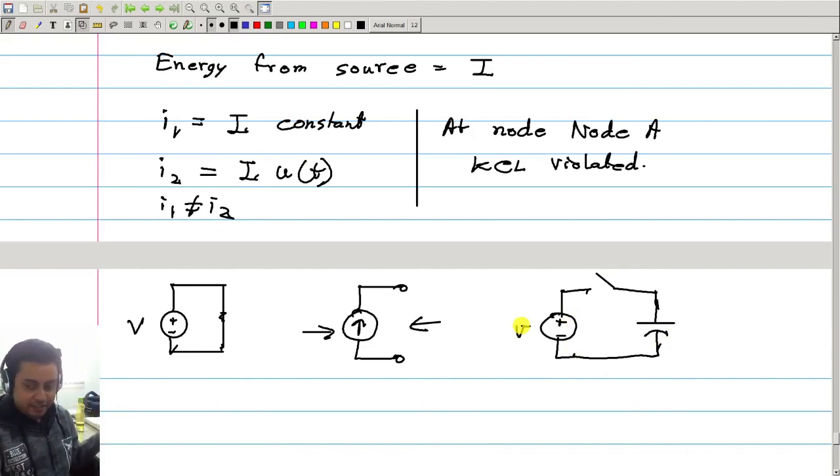KVL is violated, and energy will also be violated. So we can't do that theoretically. Yes, absolutely. I won't say it's a breakdown, because breakdown is a negative word. Mathematics is beyond that. It's not defined. It's undefined.